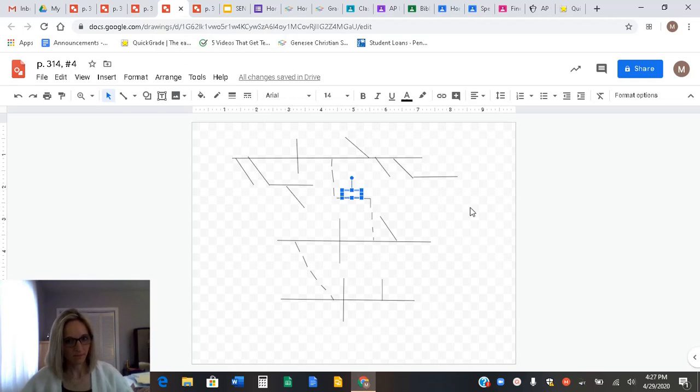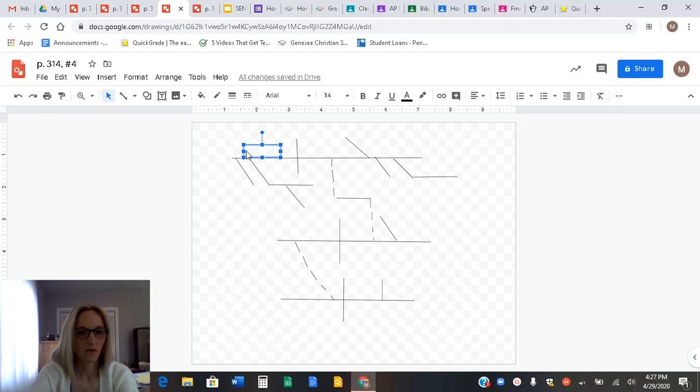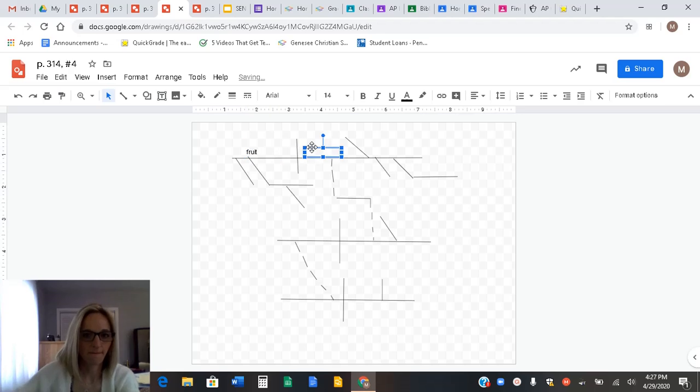Ready? All right, here's what your skeleton's going to look like. The fruit of the righteous is a tree of life, and he that winneth souls is wise. All right, let's do the first part. First independent clause. The subject is fruit. What's my verb? Fruit is what? Tree, right? What kind of tree?